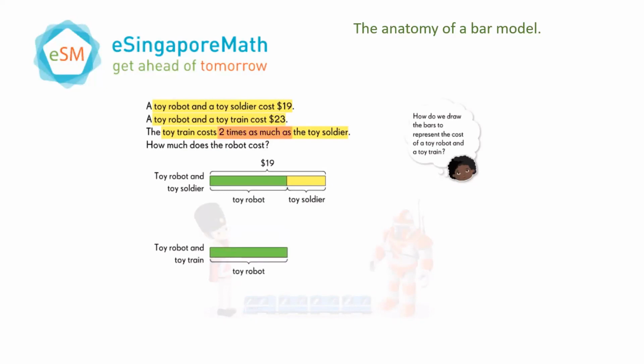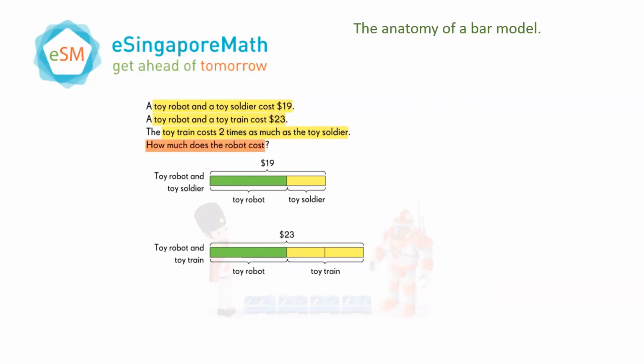The toy train costs 2 times as much as the toy soldier. The toy robot and the toy train cost $23 in all. How do we find the cost of the toy robot?